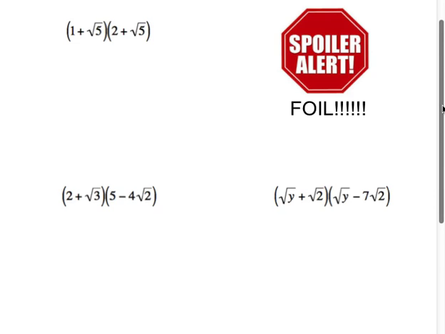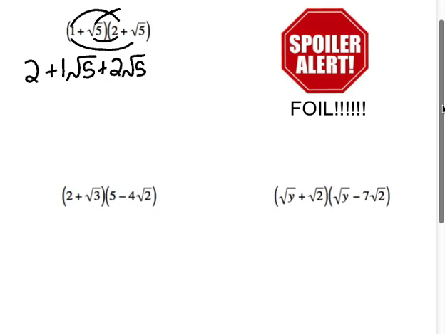To FOIL this, I get 1 times 2, which is 2, 1 square root of 5, 2 square roots of 5, and then square root of 25, which, as intelligent Algebra 2 students, you all know is actually just going to be 5.